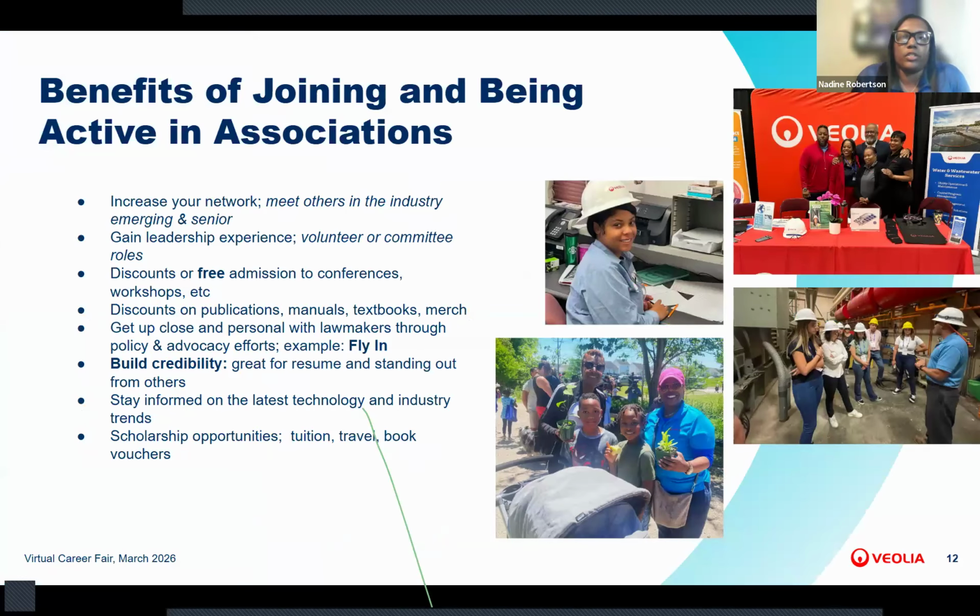Some of the benefits of joining these associations include, obviously, scholarship dollars for continuing education. You gain leadership opportunities and volunteer on committees such as SYPC, where you can increase your network.